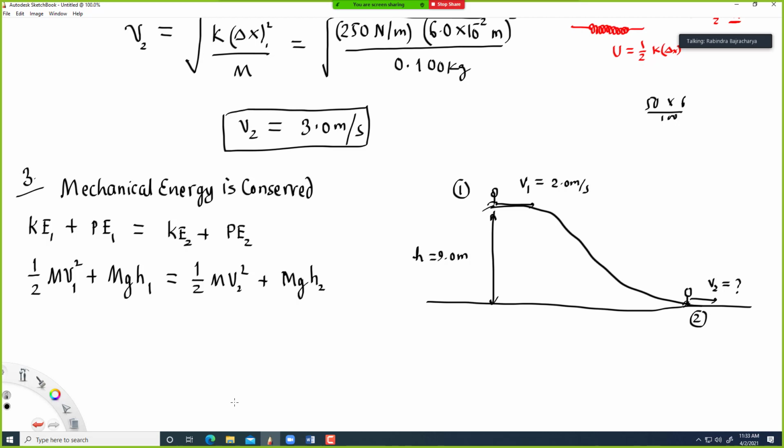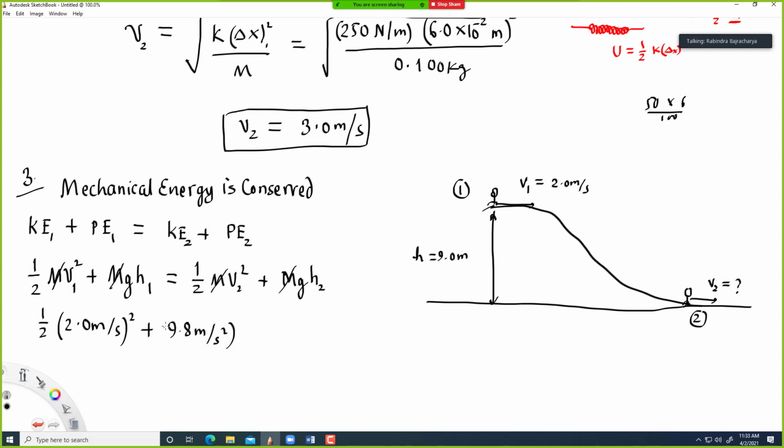Okay, so all these terms have mass. When you have a variable on all the terms, you can actually cancel that, get rid of that. So cancel m. So 1/2 times v1, which is 2 meters per second, squared, plus g, which is 9.8 meters per second squared.